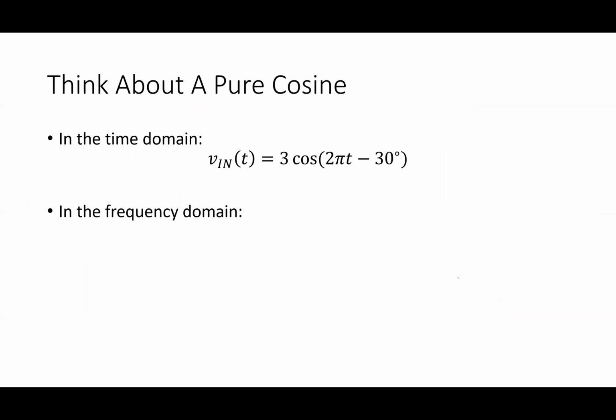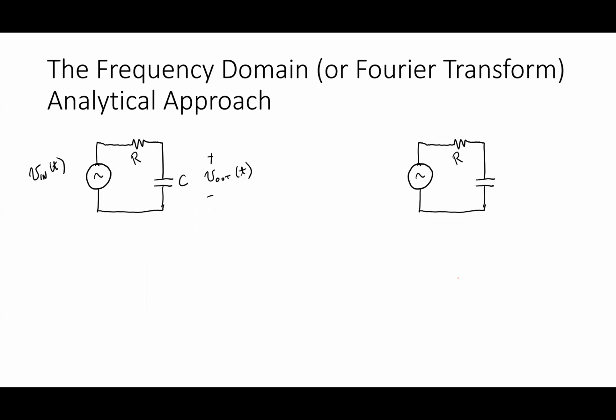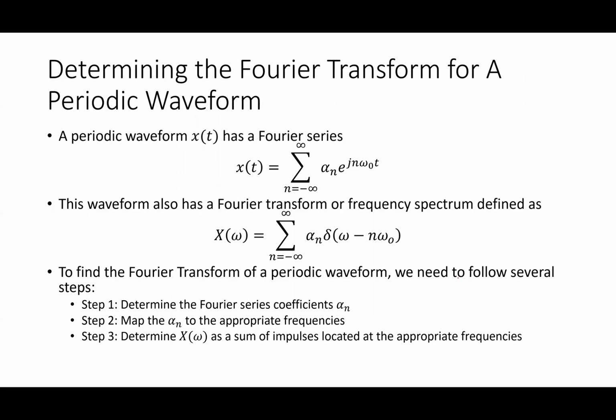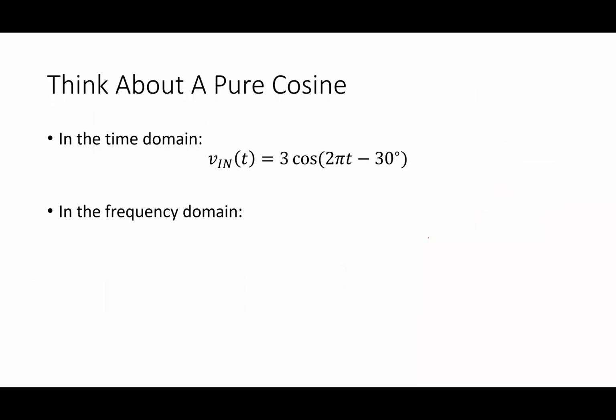So what we talked about last time is I tried to represent this in the frequency domain. Let me jump ahead to the connection that we made. Basically, if I have this periodic waveform, I put it into this form of two complex rotating vectors, and then I can relate those complex rotating vectors to the locations where I have frequencies.